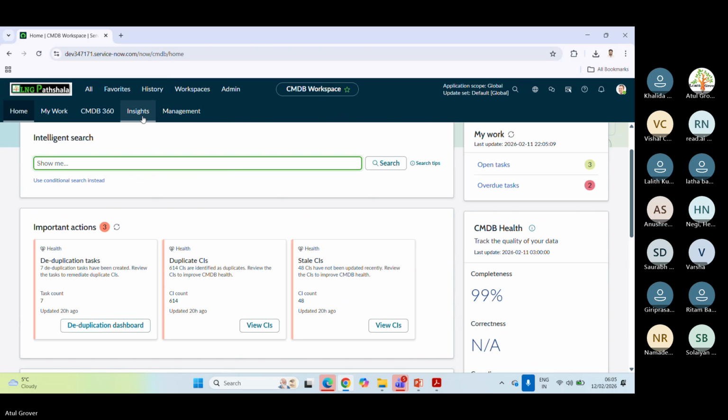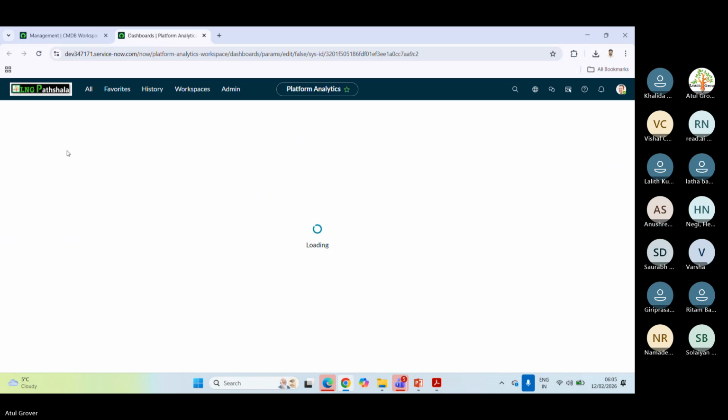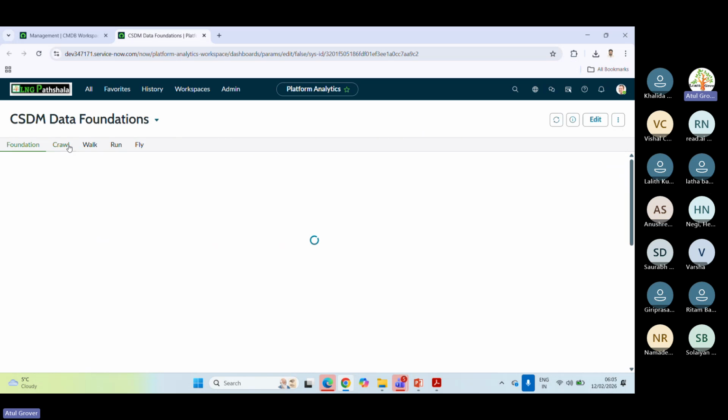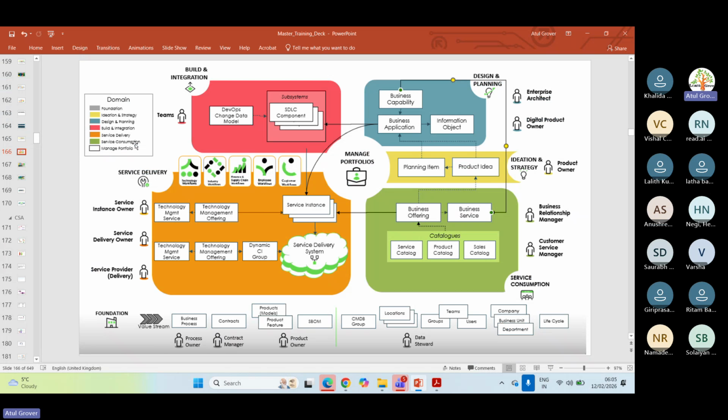These 5 points are there. ServiceNow says, I know this is a very big picture. This is a very huge implementation. And I don't recommend starting everything in one go.